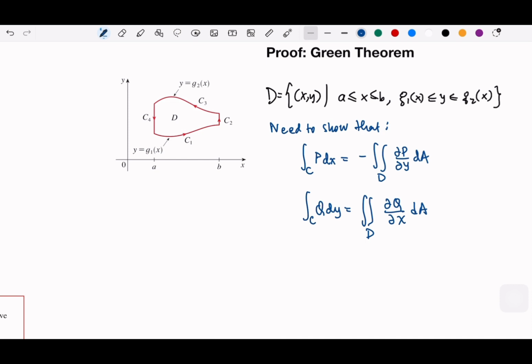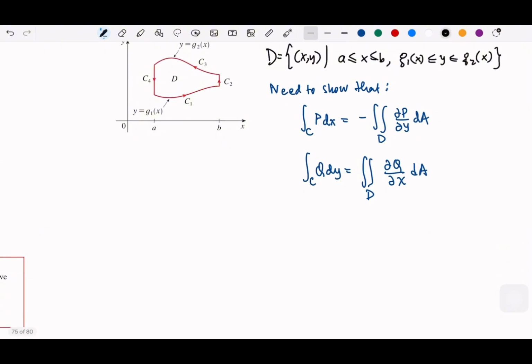Okay, and then because we have the definition of D, we can start directly taking the double integral of partial y of p.